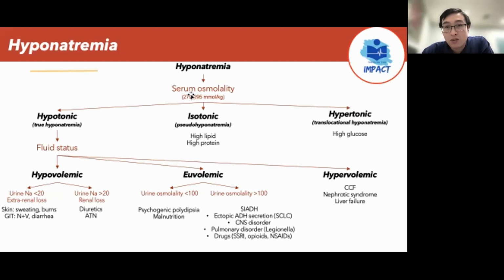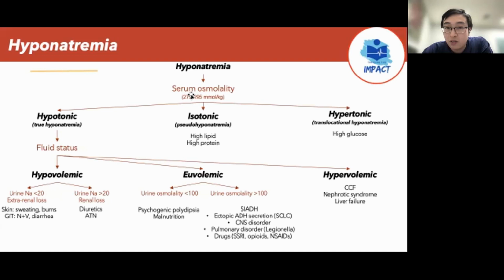It's a result of how they calculate sodium concentration in the lab. The lab measures sodium concentration by dividing the amount of sodium by the plasma volume, and the plasma volume includes not only plasma water, but also plasma lipid and protein as well. So if there's high lipid or high protein in the blood, the plasma volume will be artificially high, and so the measured sodium concentration will be artificially low.